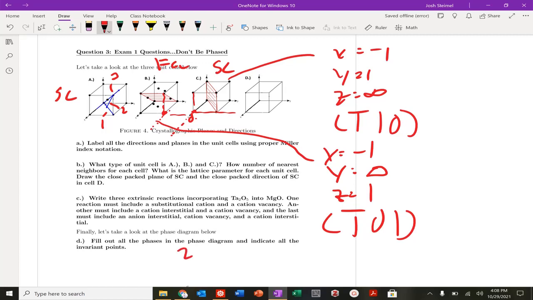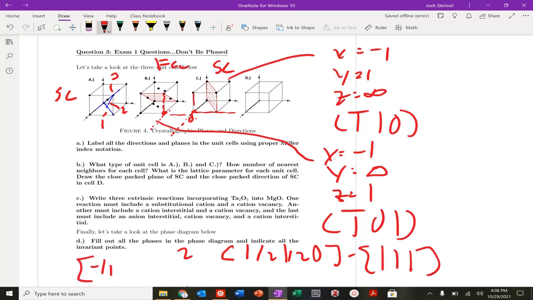In number 2, our finish is going to be basically 1 half, 1 half, 0, minus my start, which is going to be 1, 1, 1. So I'm going to end up with minus a half, minus a half, minus 1, which is going to end up leaving me with 1 hat, 1 hat, 2 hat. So that's pretty much that one there.